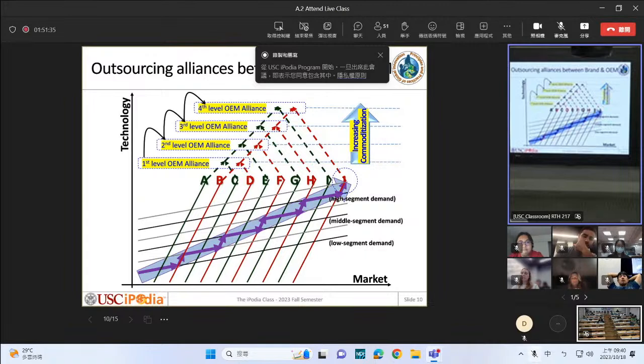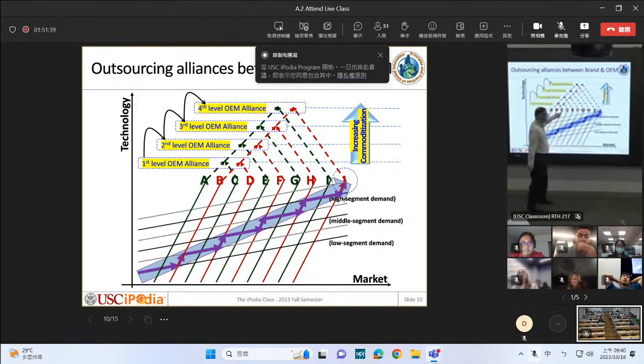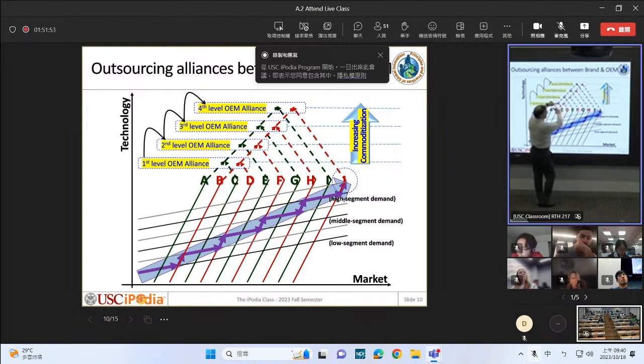Well, for example, AD is a pair, right? A will contribute the brand and the design. D will contribute the quality, the delivery and the production. So when you are a customer, you are buying the A brand.